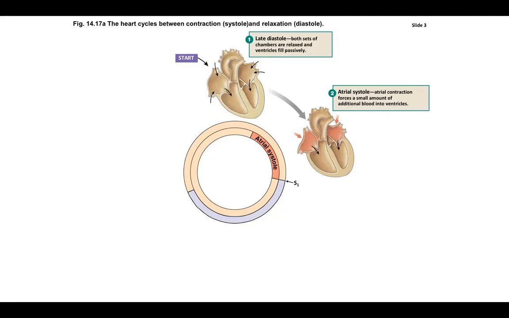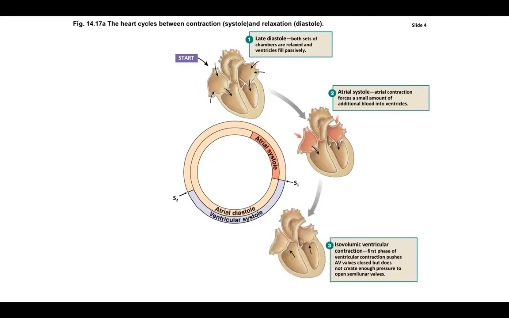It's somewhere between 20 and 30%. Most textbooks will say it contributes about 25% of the ventricular volume. So 75% of the ventricular volume is from passive filling, or approximately that, and about 25% of that volume is from the atrial systole. Sometimes atrial systole is referred to as the atrial kick. And so if you see that term, it's the same thing as atrial systole.